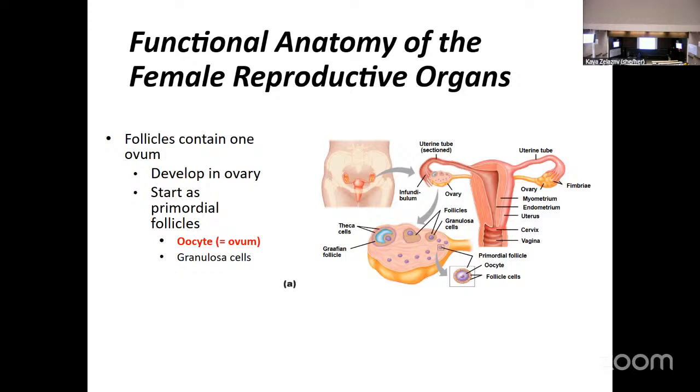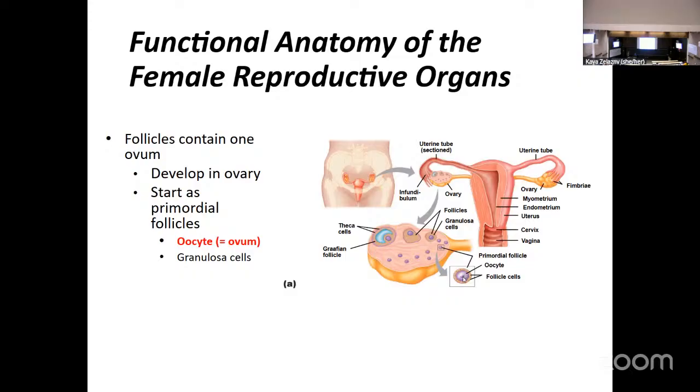And they're going to start out as what we refer to as primordial follicles, right? So our primordial follicle is going to be the smallest one, the ones that are just starting out, okay? So if we look at a primordial follicle and zoom in, we're going to pick one of these small little dots here. And we're going to see that it has an ovum or an oocyte in the center.